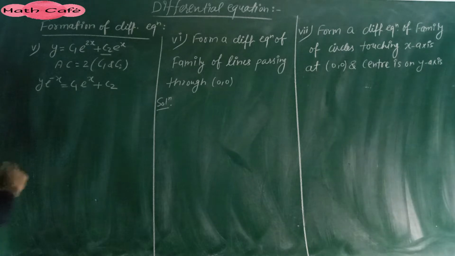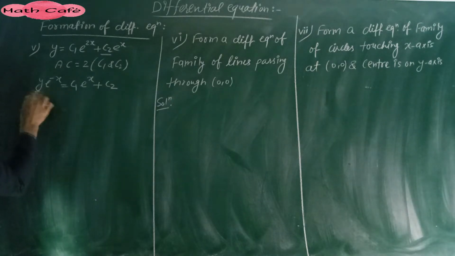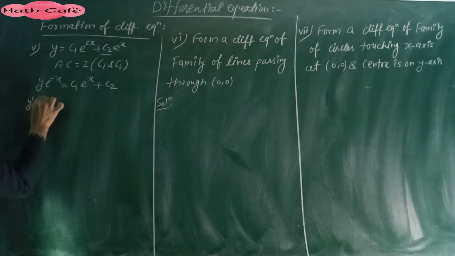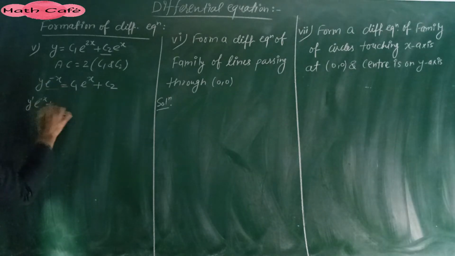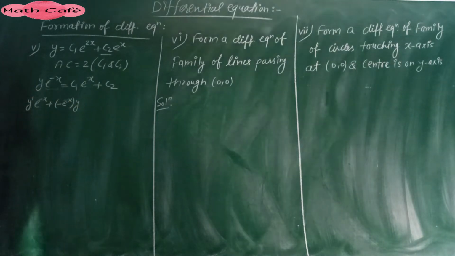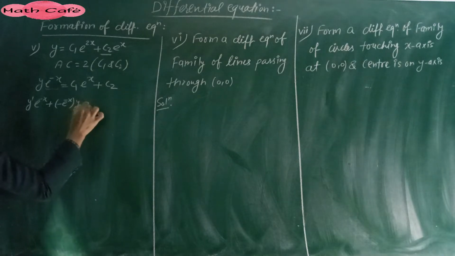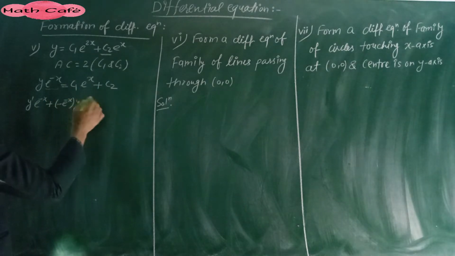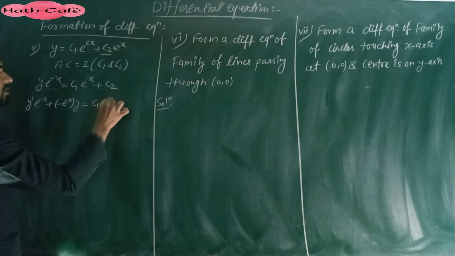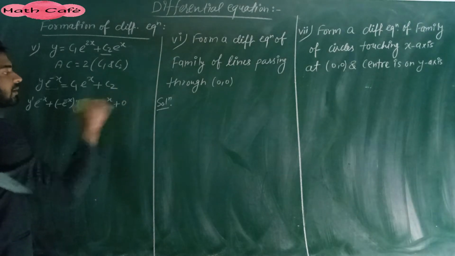So differentiating with respect to x, the left hand side expression will become y dash, with e raised to minus x multiplied, plus the differentiation of e raised to minus x, that will become minus e raised to minus x, multiplying y. So I am using the product rule in this differentiation. The right expression will be c1 into e raised to x, and differentiation of c2 will be 0.